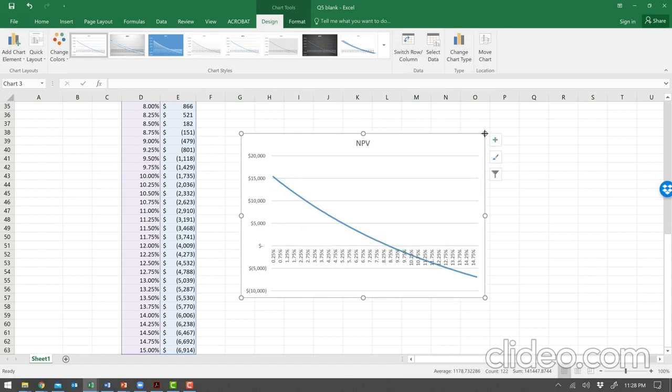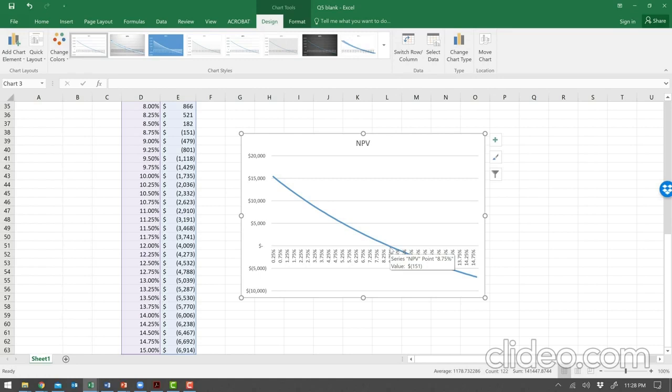What we see is that for this project, the NPV profile is a convex downward sloping line. It intersects the x-axis around the 8.75% mark. Recall that by definition, the internal rate of return, or IRR, is the discount rate that makes NPV of the project equal to 0.